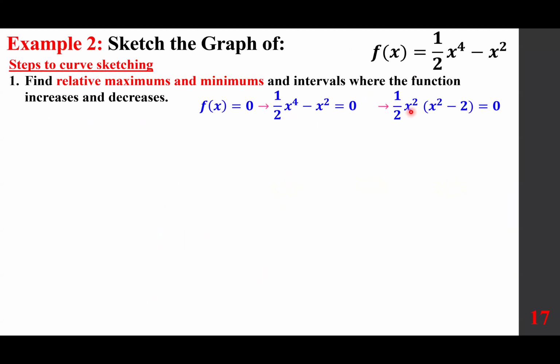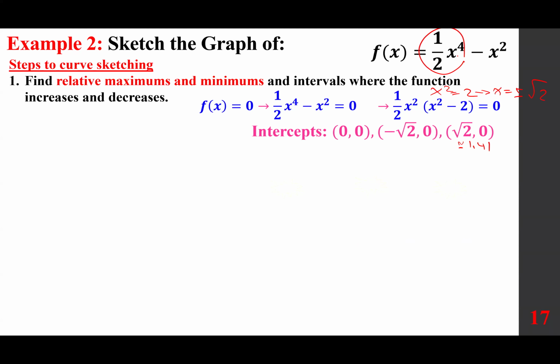So this gives me x equals 0. And this gives me x squared equals 2, and x is plus minus square root of 2. So I have the following zeros. And square root of 2 is roughly 1.41.